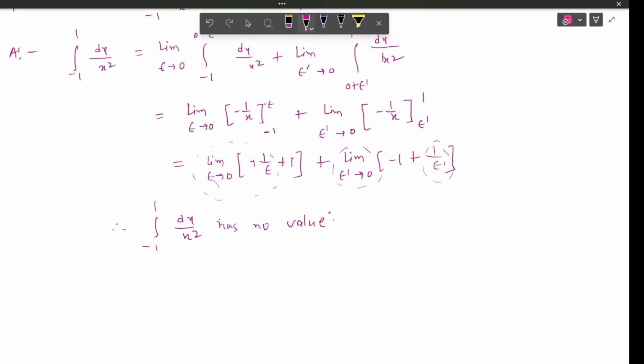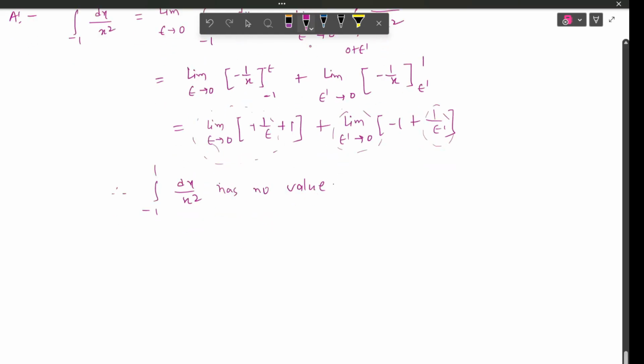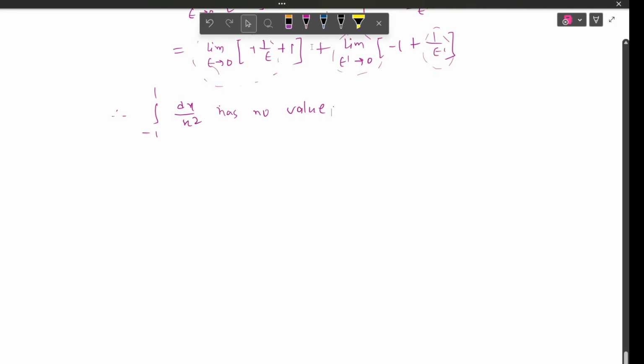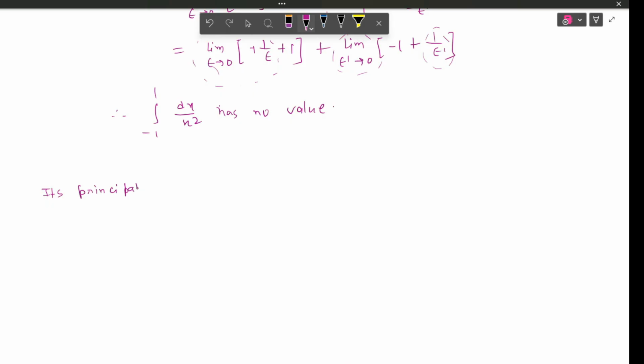Okay, so we have to find out the principal value, right? So let's see the principal value. Let us say the principal value is P, of the integral minus 1 to 1 dx by x square.